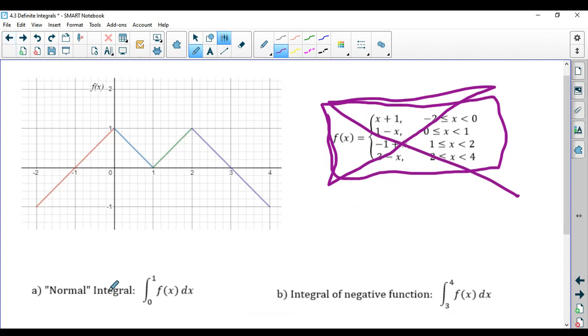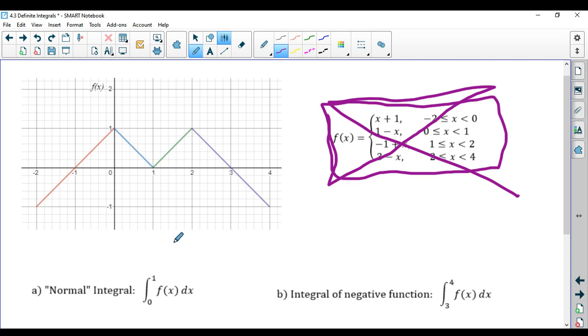The one key thing is, and these again are definite integrals, you can see the numbers right here. They do calculate area, and I say that lightly because they don't all calculate actual areas, but you'll be able to determine what the value is based off the areas.